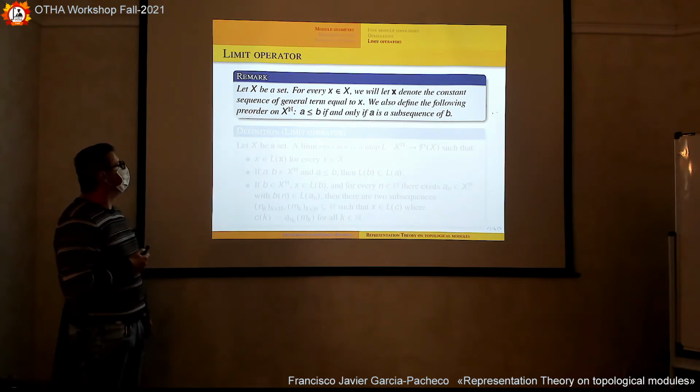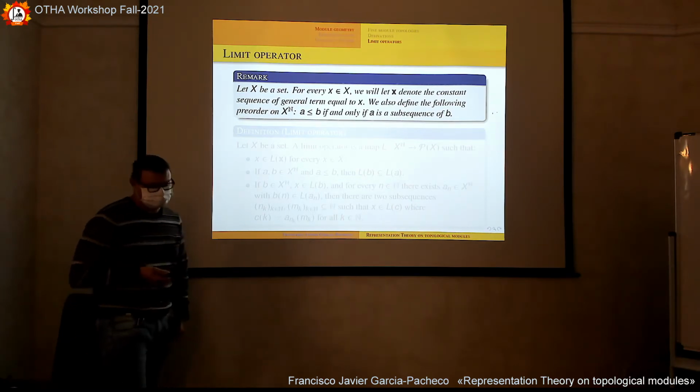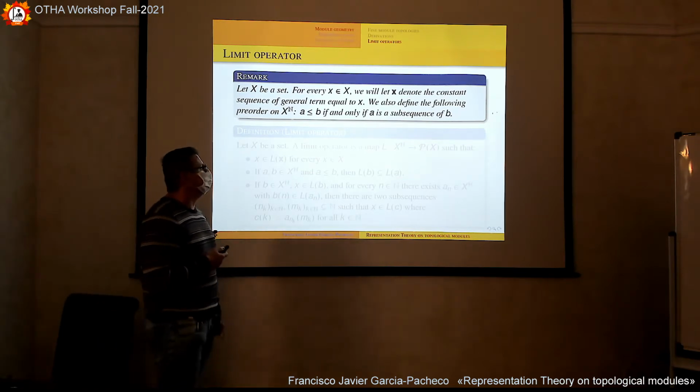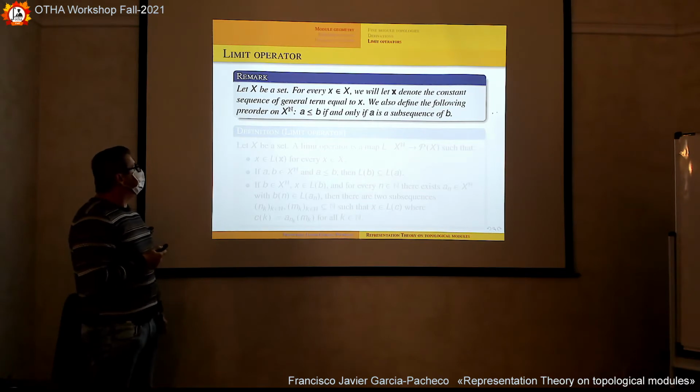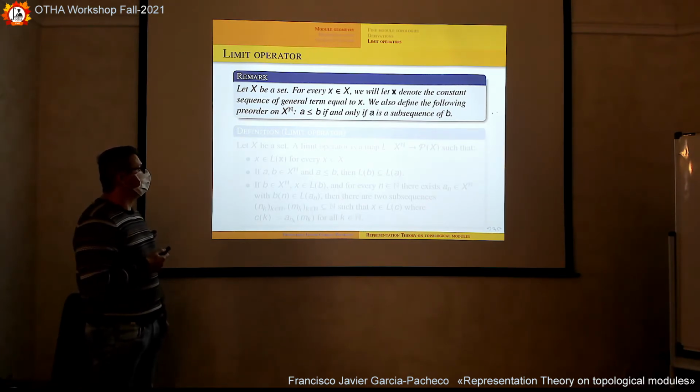And we also define the following preorder. This is not an order relation; it's a preorder because it doesn't satisfy the antisymmetric property. On the set of all sequences on X, a sequence A is less than or equal to another sequence B if and only if A is a subsequence of B.